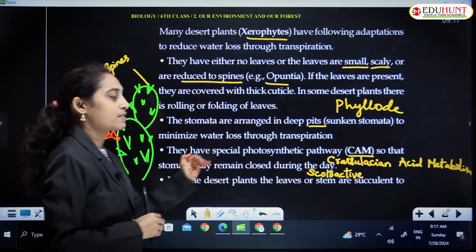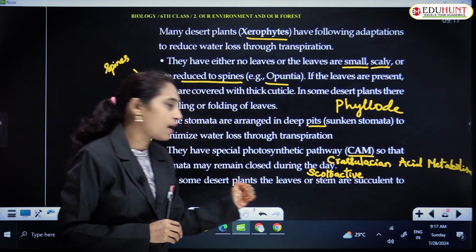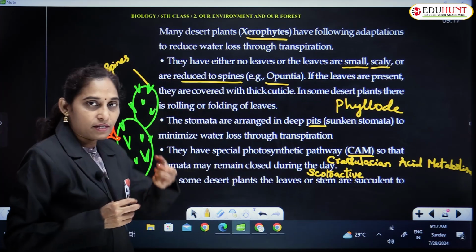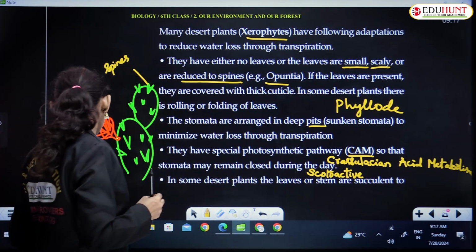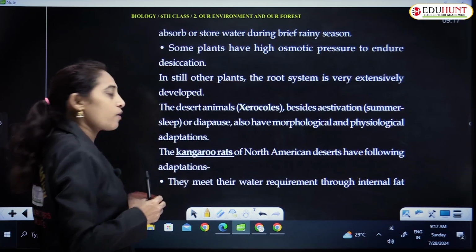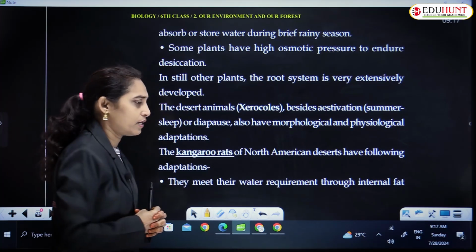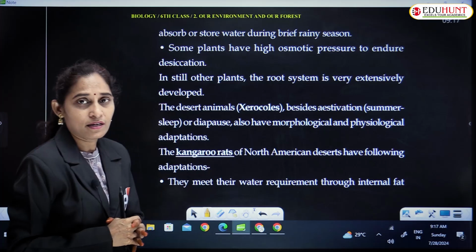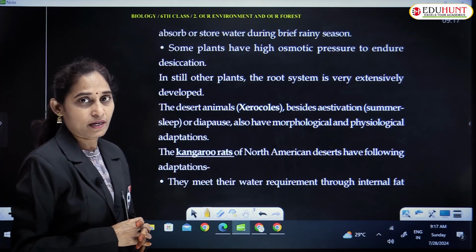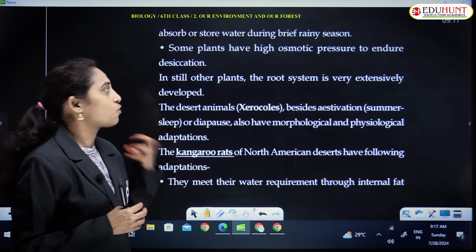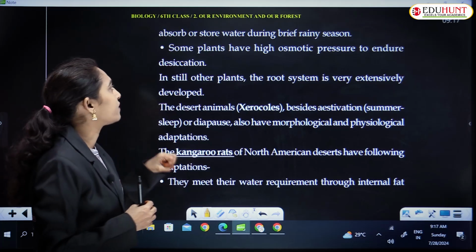And in some desert plants, leaves or stem are succulent. Succulent means they are fleshy in nature. They store water in the form of mucilage, and whenever there is rain, whenever water is available, they store the water in that mucilaginous tissue.